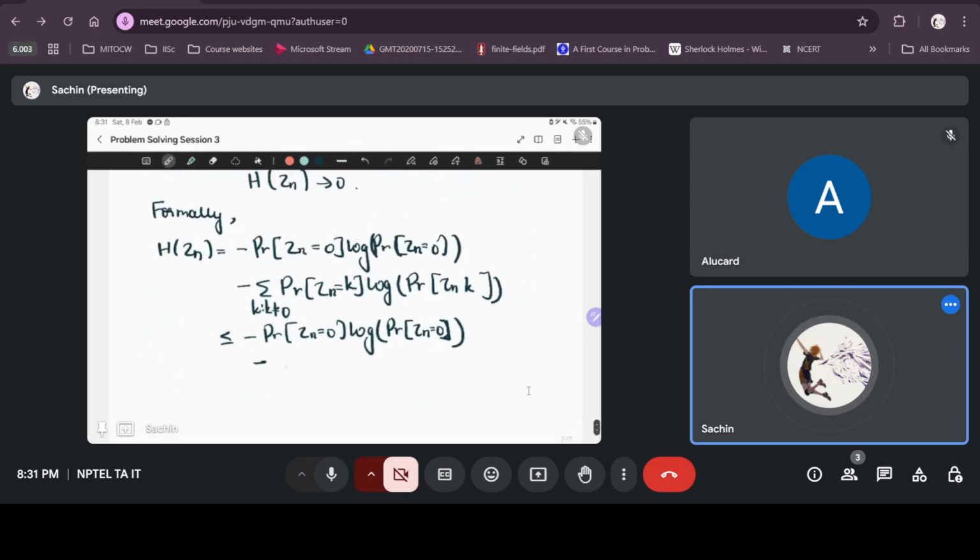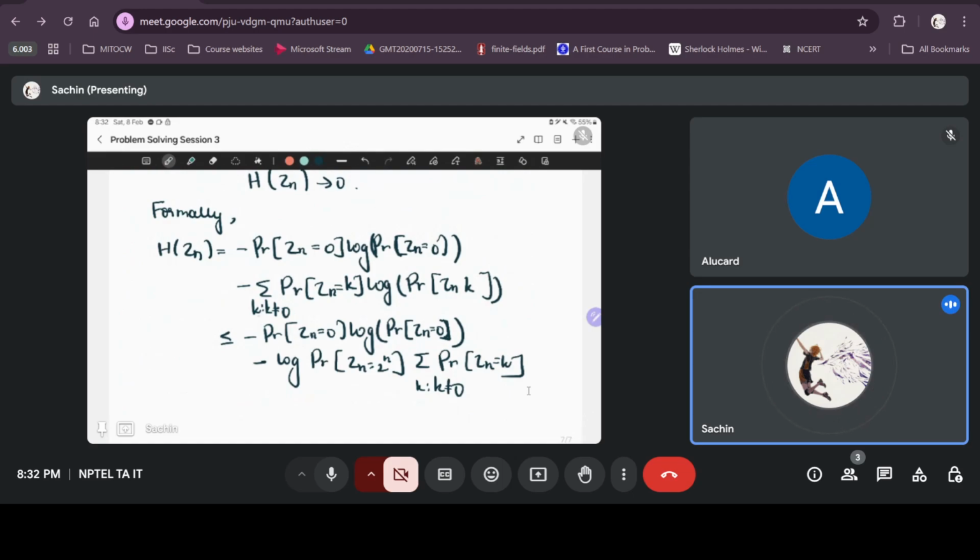and since we are taking the negative of those probabilities, the second sum here is less than or equal to log of probability of Zn equals 2 power n, summation probability of Zn equals k over all k such that k is not equal to 0.